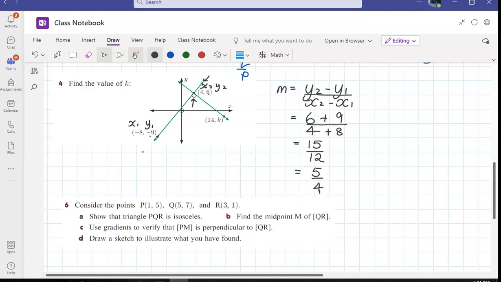You're always doing that. All right, so this line has a slope of 5 over 4, but that's not helping me find k. So what is the slope of this line? Yes, so therefore, minus 4 over 5 is the slope of that line. And how do we find that slope?